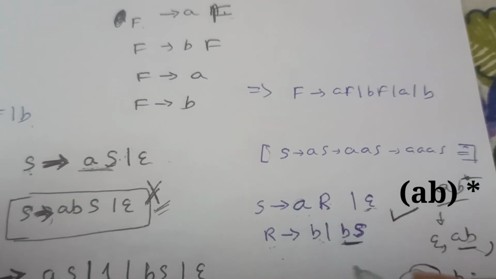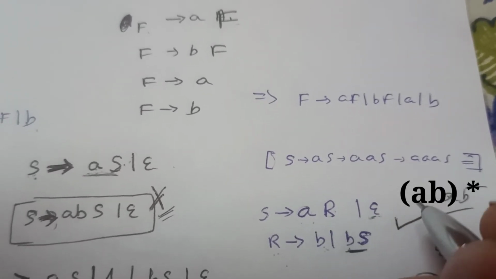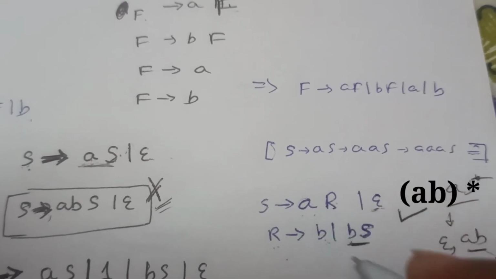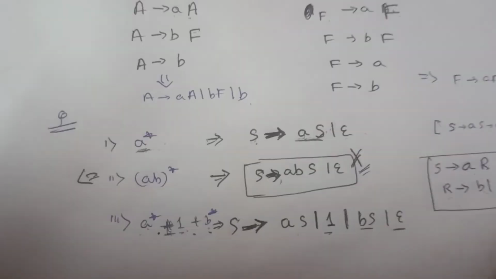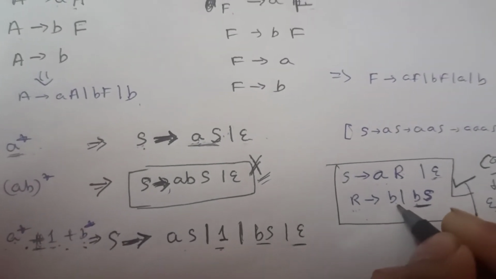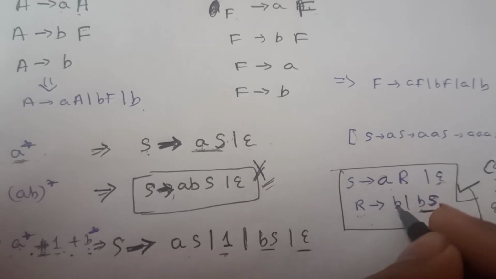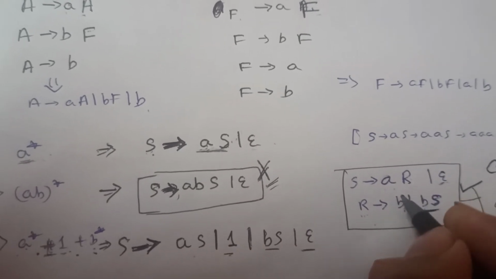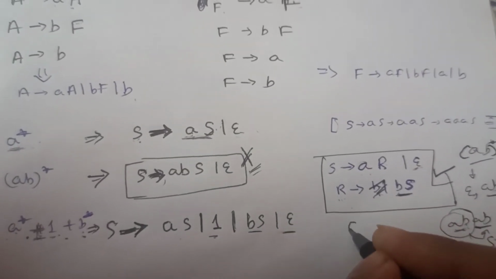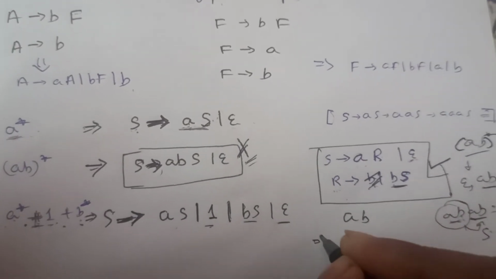Okay, so see, which grammar is this? This is a right linear grammar. See, this particular production rule, that is R to B, is also not necessarily needed. I have just written it to make you understand. If we want to make the string AB, then we can just make it like that.